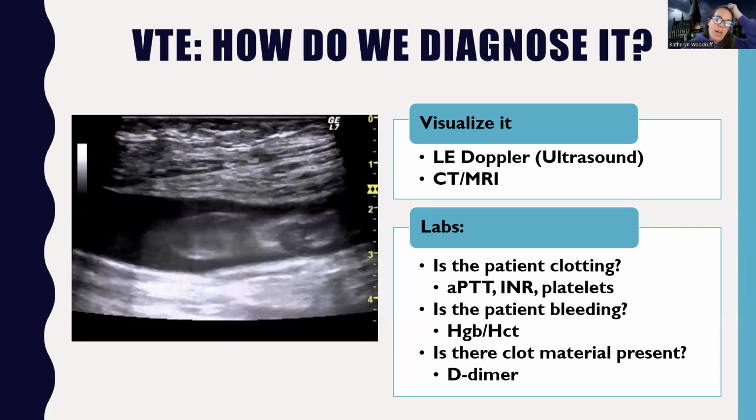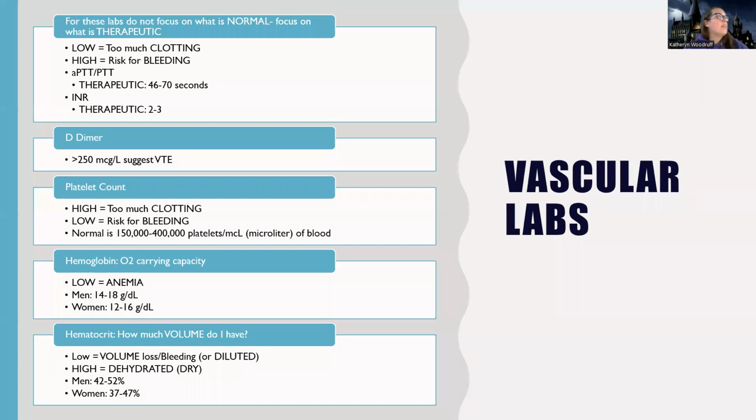So to go deeper into these labs, let's first talk about some of the coagulation or clotting labs. And this will help us a lot as we get into talking about medications and anticoagulants. For these labs, the APTT and PTT-INR, I really want you to focus not on what is normal.